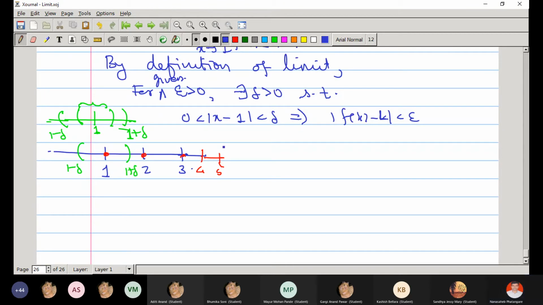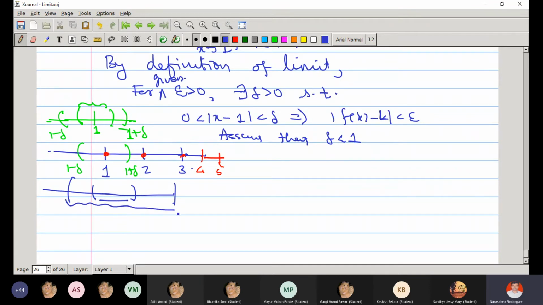So assume that delta is less than 1. If it is bigger, then no problem, I will take a smaller delta which is less than 1. If something is true for a bigger delta, then no doubt it is true for a smaller delta, because when something is true in a bigger set, it is true in a smaller set. So that is my logic.